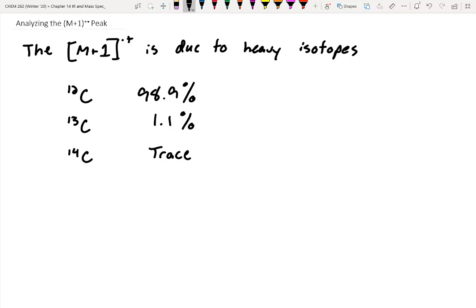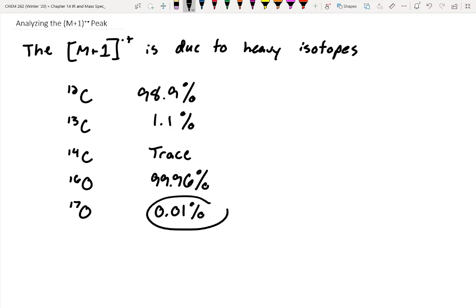All right, what's another element we could look at besides carbon? Yeah, we could look at oxygen. So oxygen-16 is 99.96% oxygen-16. There is some oxygen-17 on Earth, but it's 0.01%. Really, this is so small, it's hard to detect.